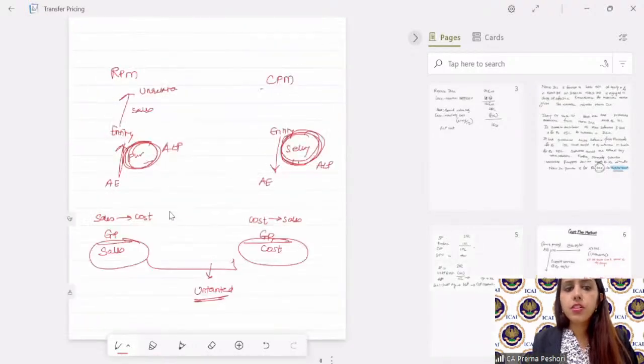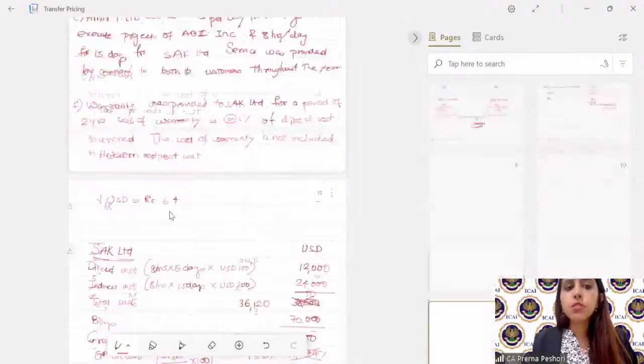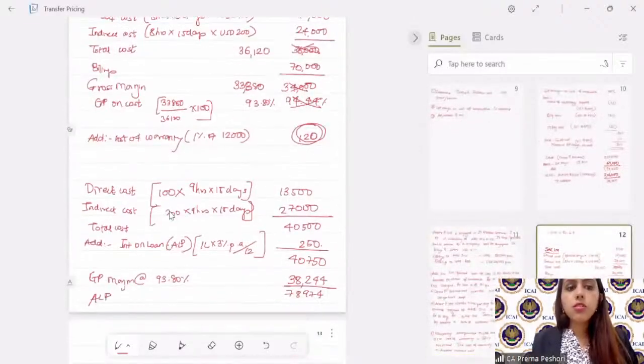So we have done that here also. And here similarly we have added because here it is cost. Interest on loan I have calculated here, it is 3% per annum divided by 12 months. Yes, Naveen. So the adjustments that will affect the cost will be considered. You are correct.